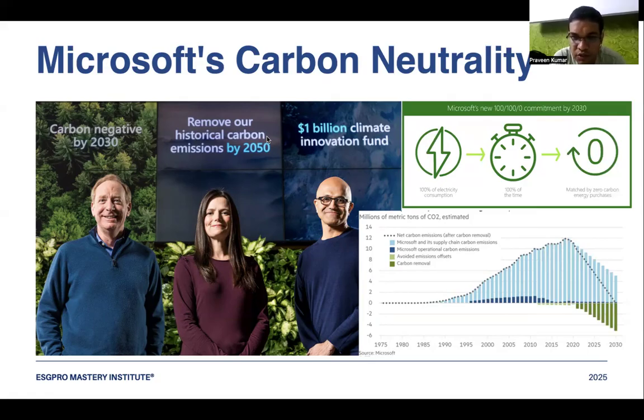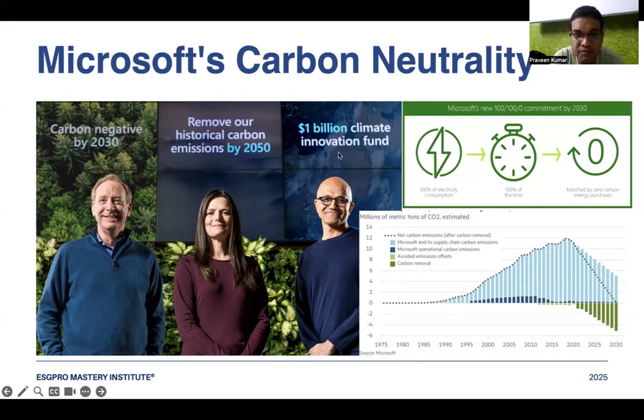From 2012 onwards, they started implementing carbon reducing measures, and by 2020, they had noted that Microsoft's supply chain carbon emissions have reached the peak, and they have to do something important about it. So they must have thought of investing in the $1 billion climate innovation fund, because without that, significant reduction won't be possible.